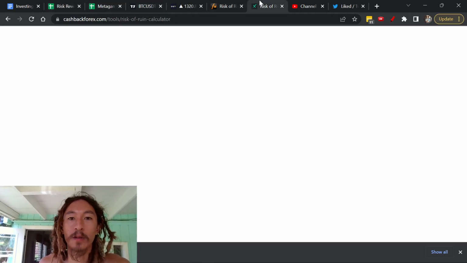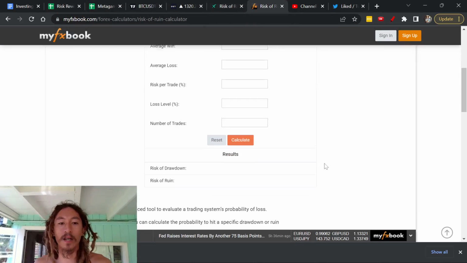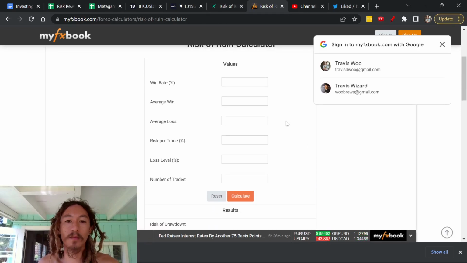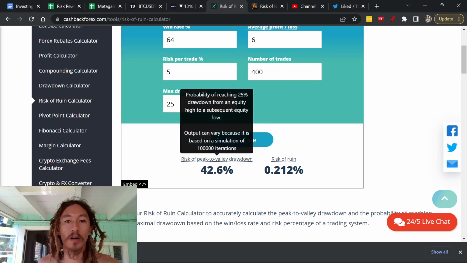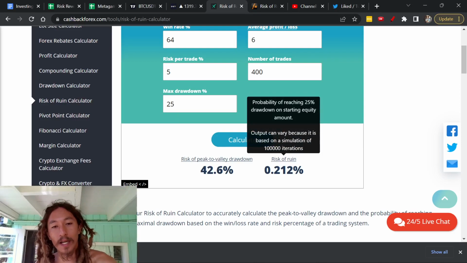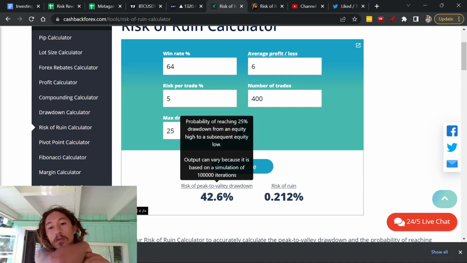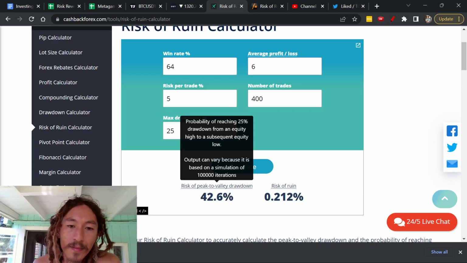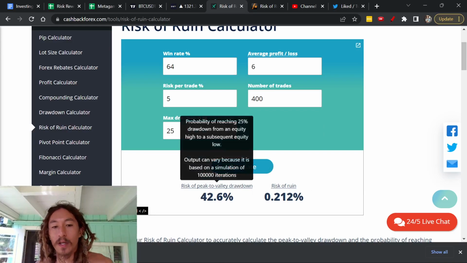What we're going to do now is we're going to pull up a risk of ruin calculator. This risk of ruin calculator is going to give us some ideas of what can go wrong. Okay, so we have two measures for risk that we want to optimize for here.